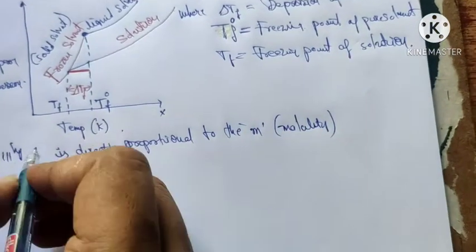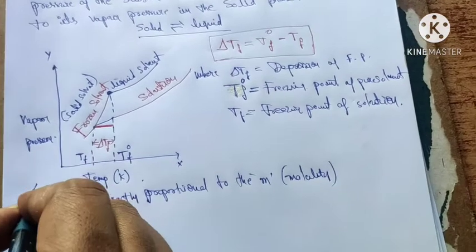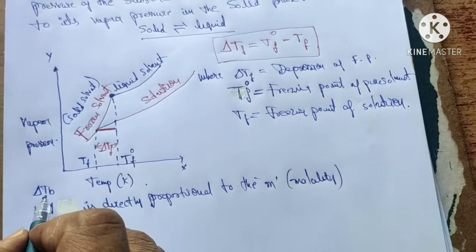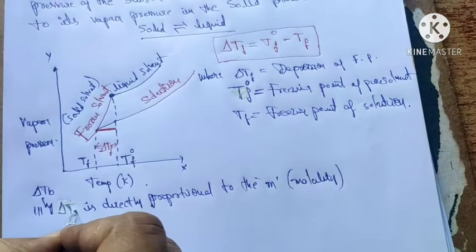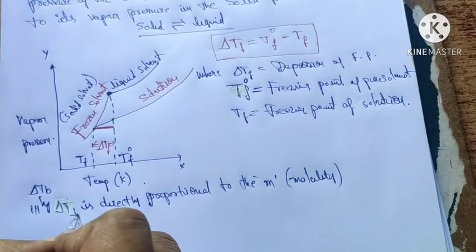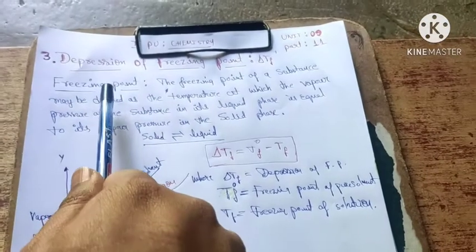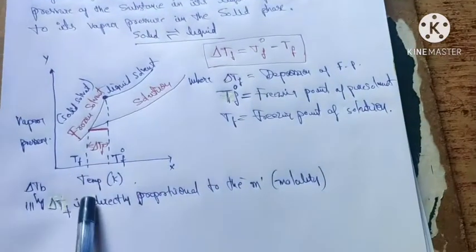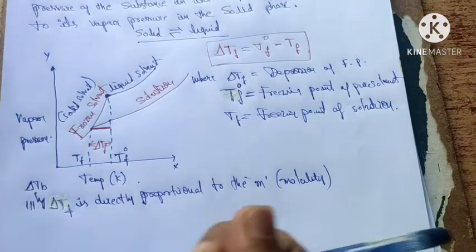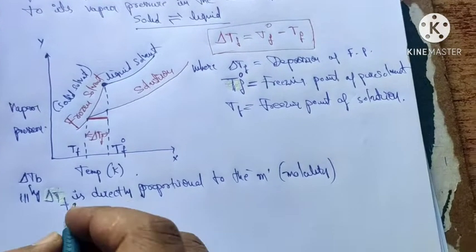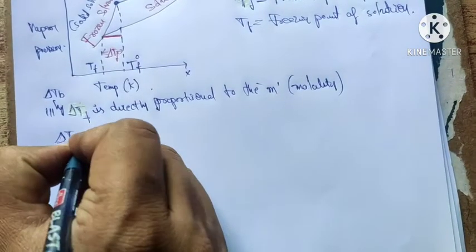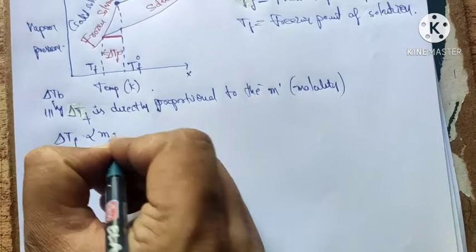So delta TB is elevation of boiling point. Similarly, delta TF is depression of freezing point, directly proportional to the molality. So write the expression: delta TF is directly proportional to molality.